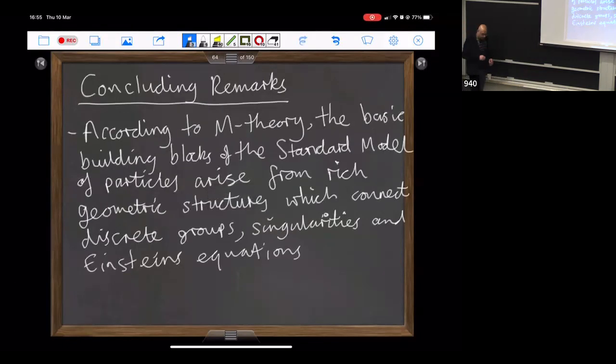So that's some of the broad physical implications. So I'll just conclude with some remarks, which is that according to M theory, the basic beautiful quantum fields that we work with in studying particle physics arise really from some rather rich geometric structures which connect discrete groups, conical singularities, and Einstein's equations.